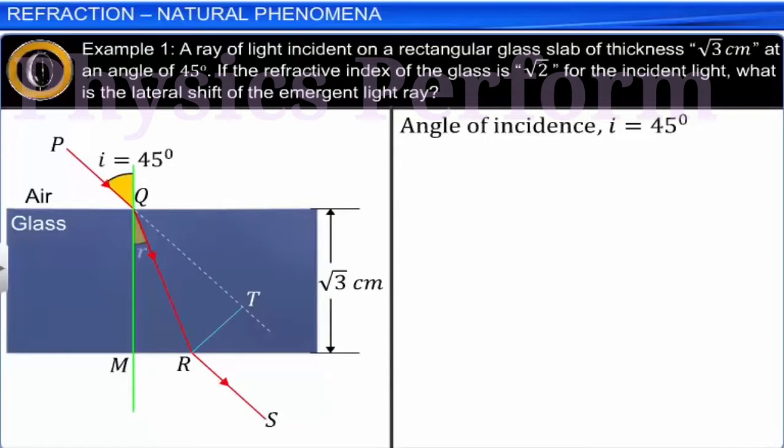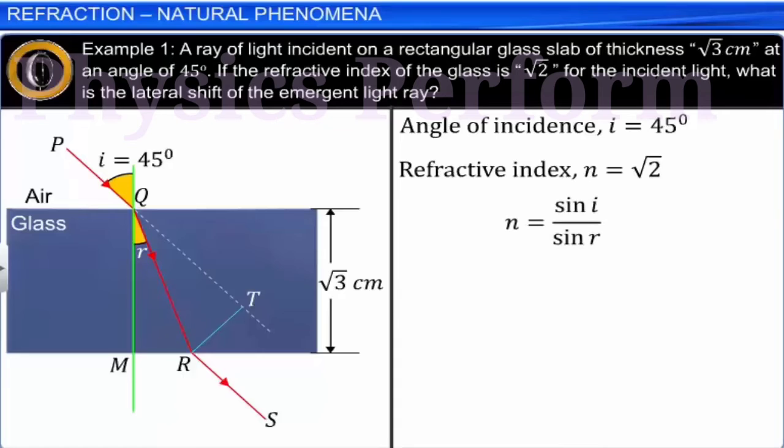From Snell's law, we have N is equal to sin I by sin R. Substituting the values of N and I, and on further simplification, we get R is equal to 30 degrees.